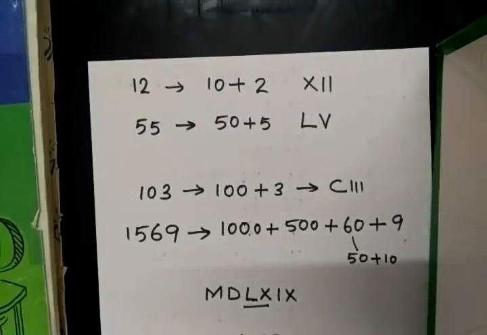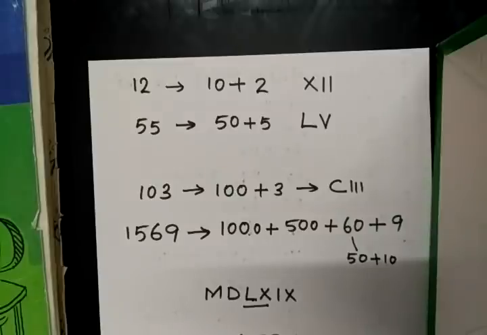So we basically have to study the 7 symbols of Roman numerals. What are they? I, V, X, L, C, D, and M. We should understand what all these letters represent. I, V, X we know are 1, 5, 10.